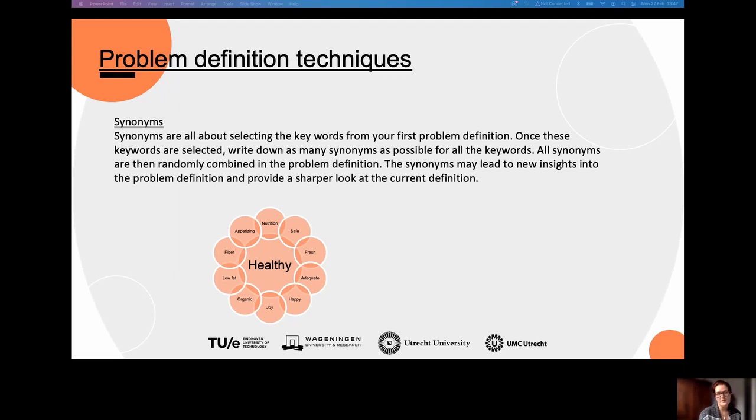And it's also a way to use those synonyms if you have a meeting with your client or with another stakeholder. You can really discuss if the word healthy means the same to you as to your stakeholder, because sometimes you think that you have the same definition of a word, but that might be different. So you can use that also in your communication with your stakeholders.